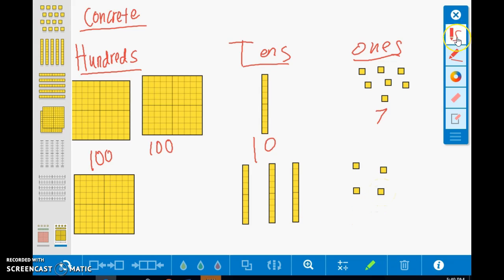So we have 100 here, 30 here, and 4 here. So that is the concrete portion of the problem.